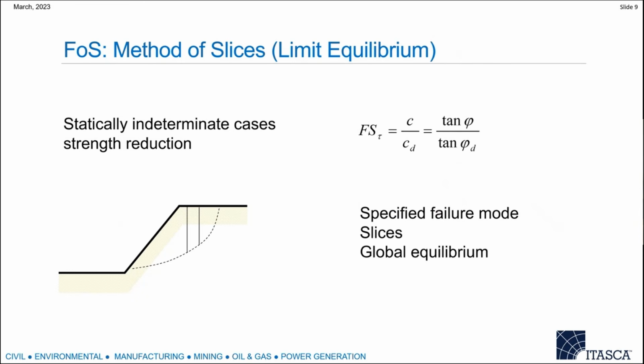So this slide is the method based on the limit equilibrium method. For this method, we first assume a failure mode, and then we divide the slope above this failure line into many slices.